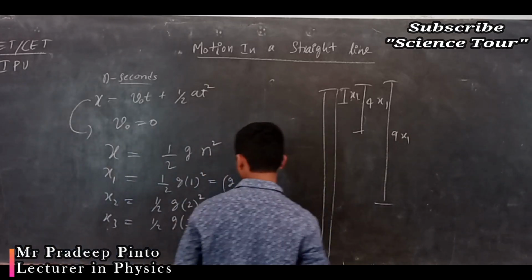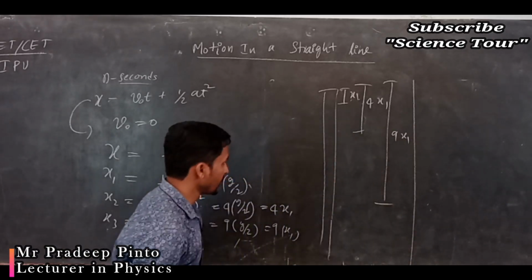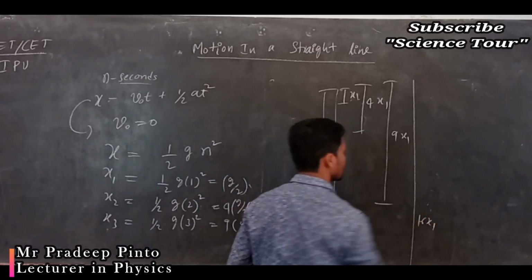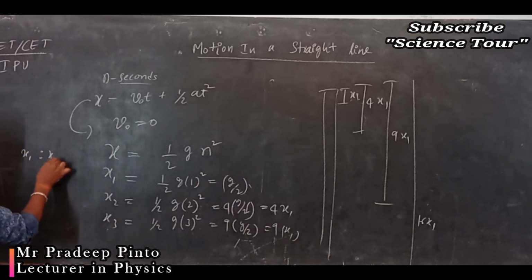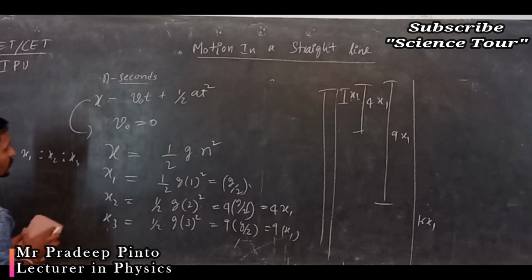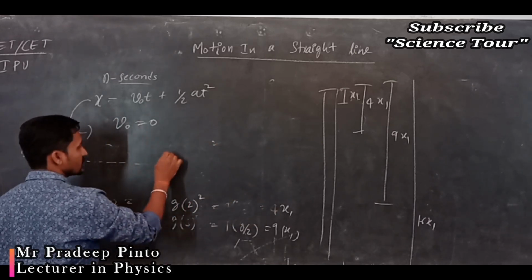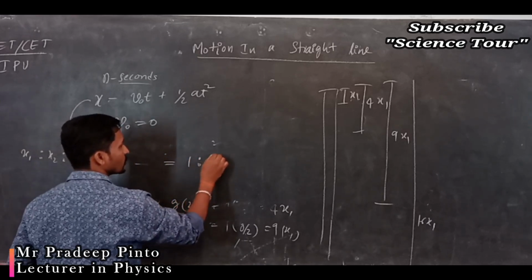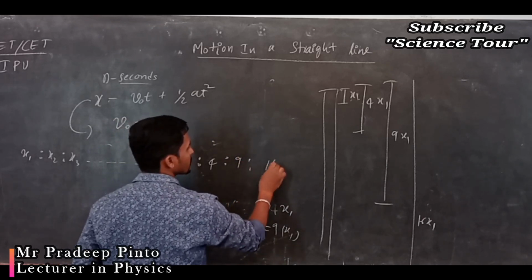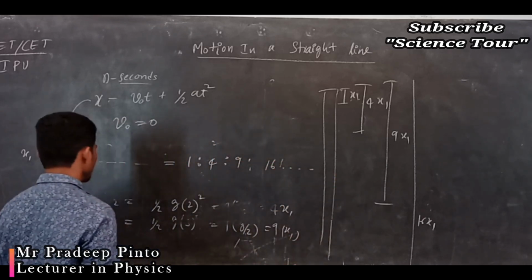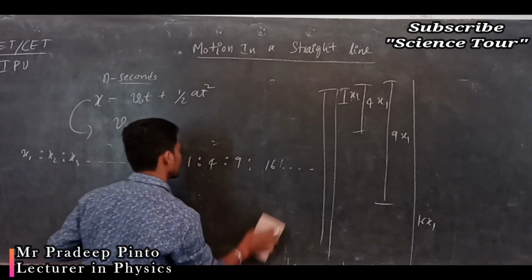For 4 seconds, it is 16 times x1. So I can write the ratio x1 : x2 : x3 : x4 and so on equal to 1 : 4 : 9 : 16, like that. This is the thing.